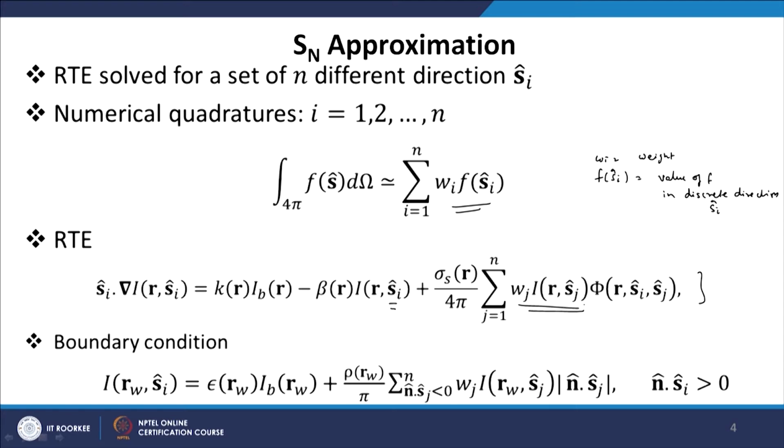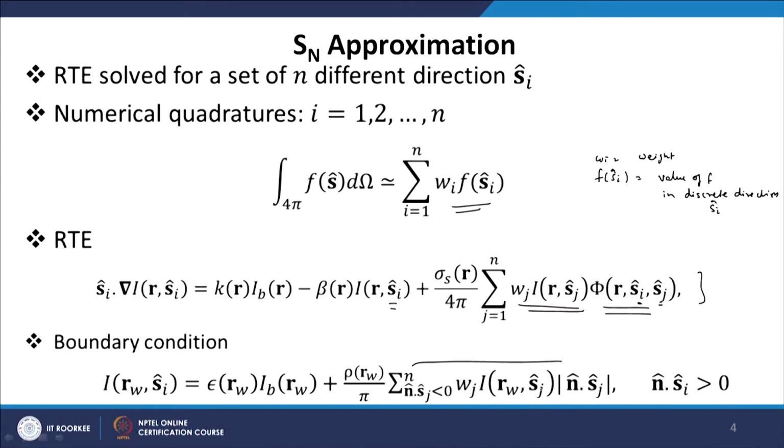So, we have W_j, intensity coming from all directions S_j, and the scattering phase function which is now dependent on discrete directions. Although the scattering phase function is a continuous function, we have approximated the scattering phase function phi with a discrete function given from two directions S_i and S_j.